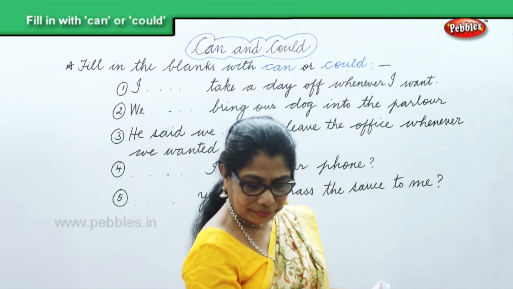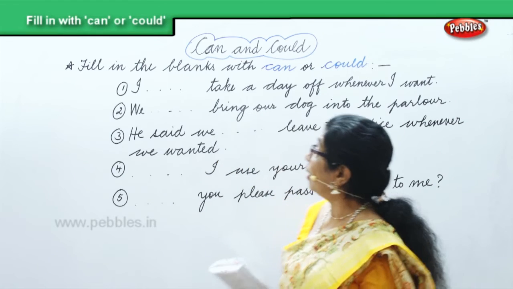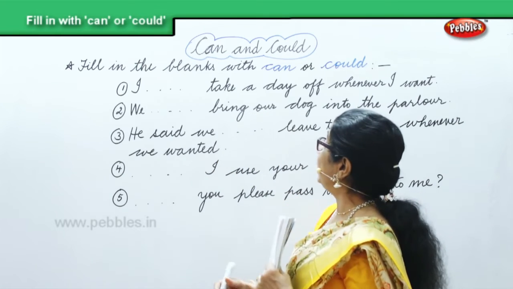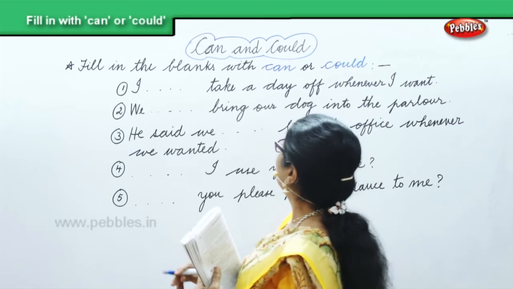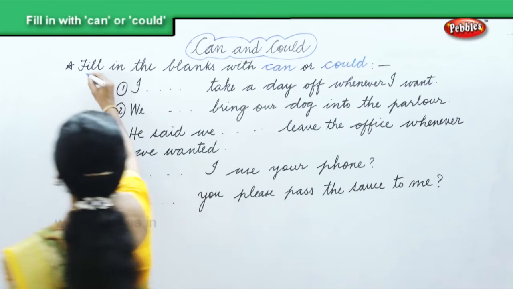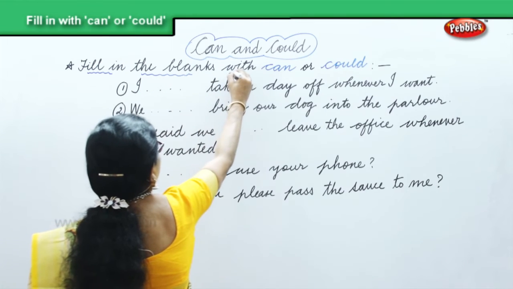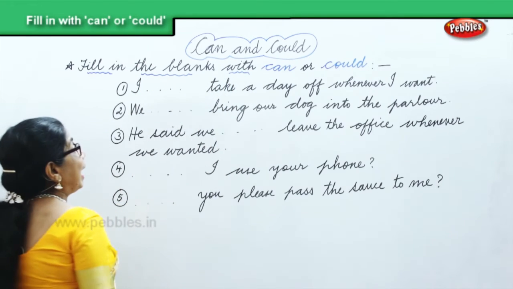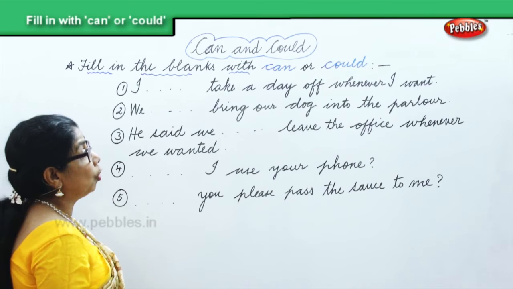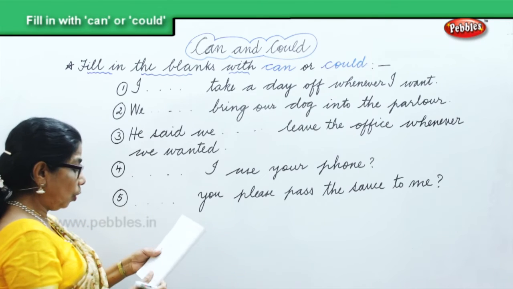Okay, now we have 5 sentences here and the usage of can or could. First one, fill in the blanks with can or could. First one, I dash take a day off whenever I want.